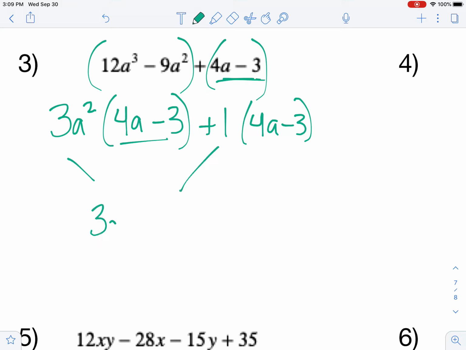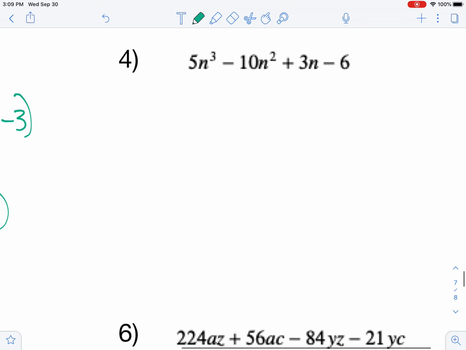And I bring down those GCFs, 3a squared plus 1, and 4a minus 3 is my second term, or second set of parentheses.